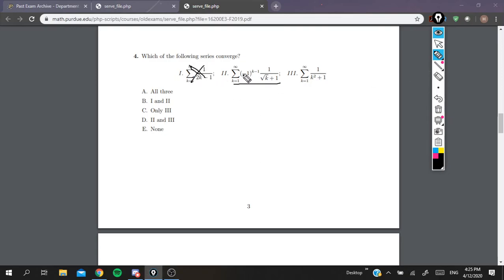And looking at this, immediately you can tell this is an alternating series.